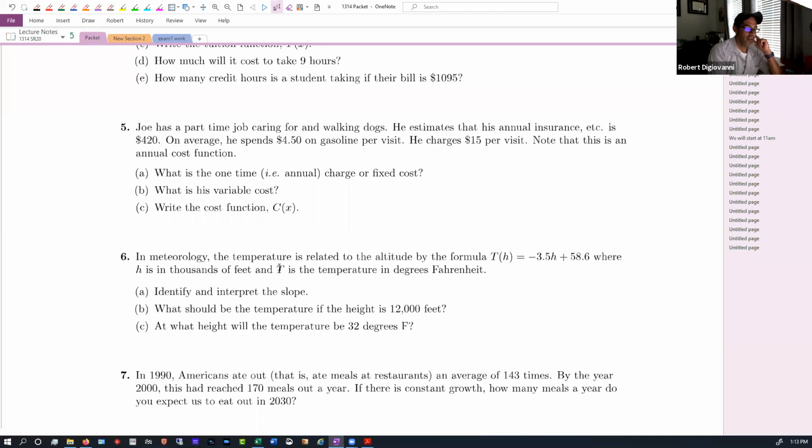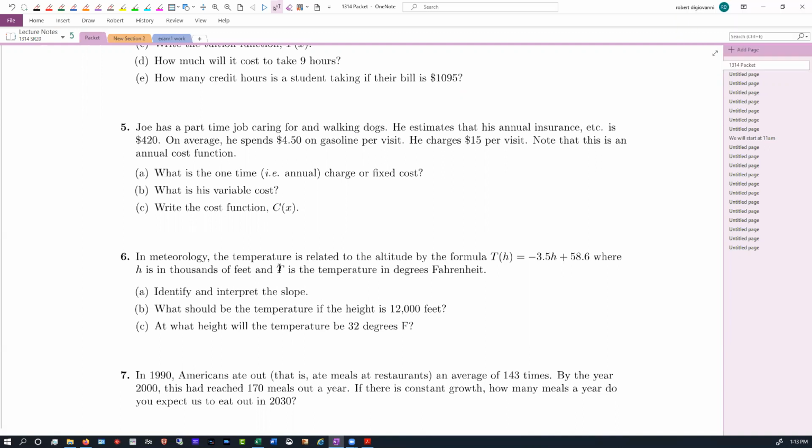So it says, note that this is an annual cost function. So the first question is, what is the one-time annual charge or fixed cost? So can somebody tell me what his fixed cost is, what he's going to have to do no matter what every year? How much he's going to have to pay? 420, right?